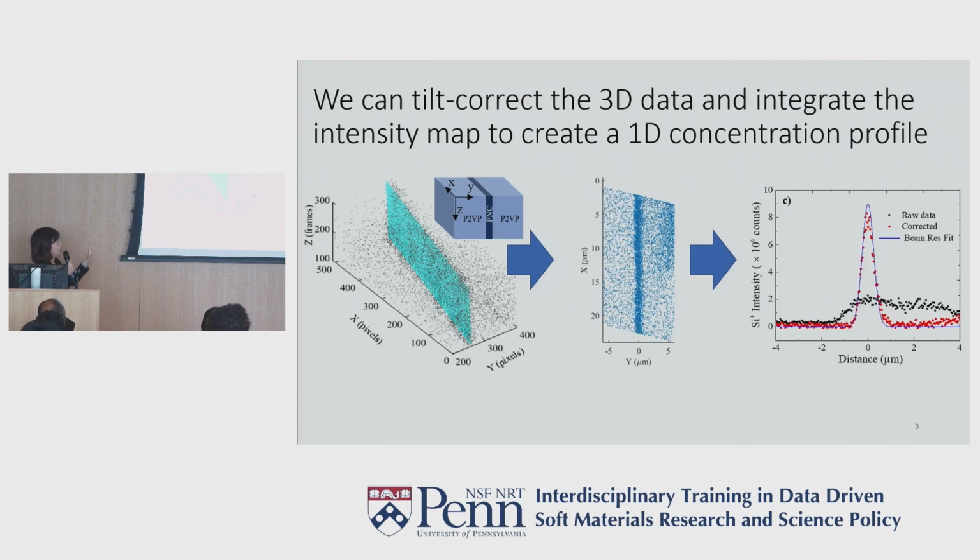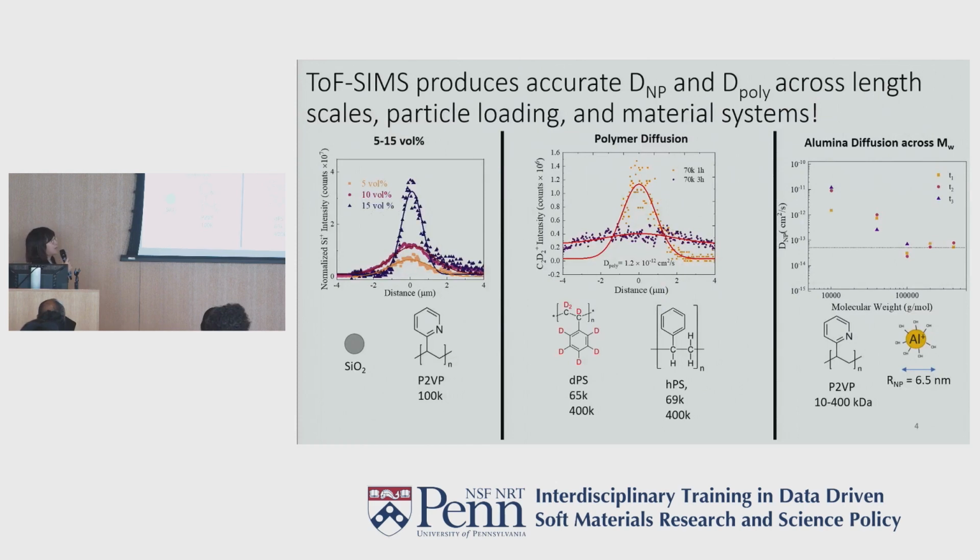You can take advantage of tilt correction. So the sample orientation and the sample perfection doesn't matter nearly as much as in other techniques. So I can apply this to basically anything. So TOF-SIMS provides accurate nanoparticle diffusion and polymer diffusion coefficients across length scales, particle loading, and material systems.